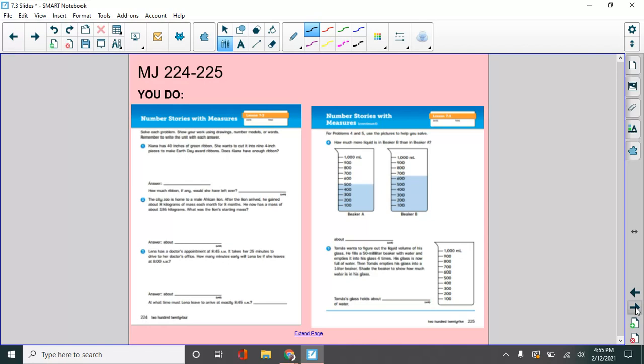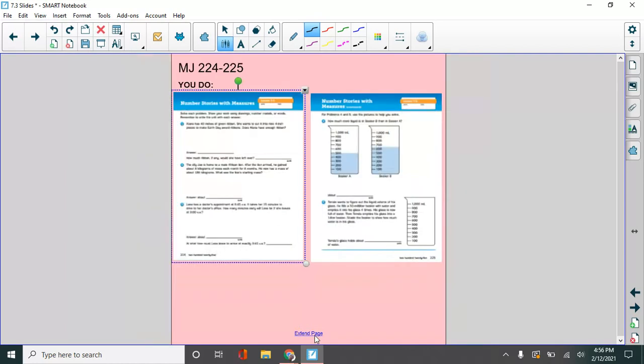All right. Now, we're actually going to pick one of these that we want to do together here. You've got 2 math journal pages that you're going to be working on. Go ahead and turn to page 224 and 225. All right, and I'm going to take one of these and try to make it a lot bigger so that we can see better.